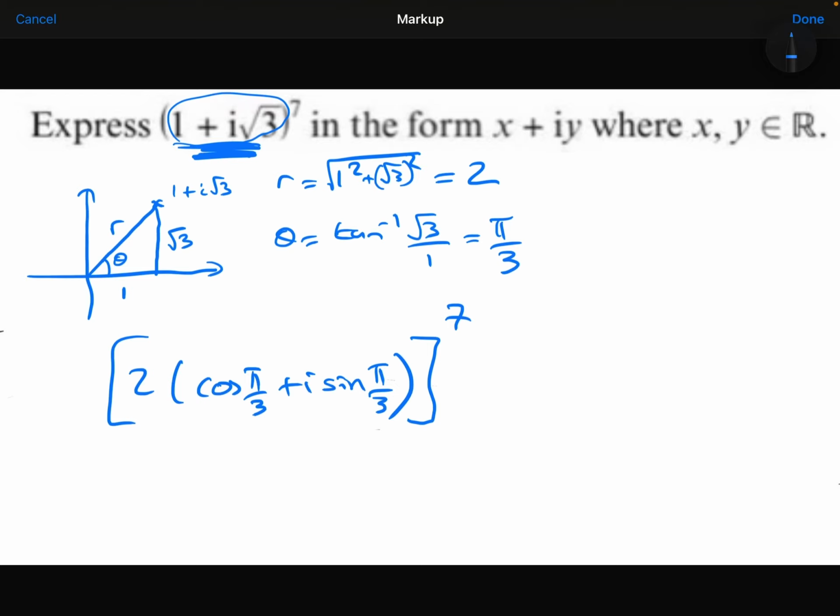The good thing now is I can use de Moivre's theorem. So I can say that this is going to be 2 to the power 7 times cos of 7 pi over 3 plus i sine 7 pi over 3.